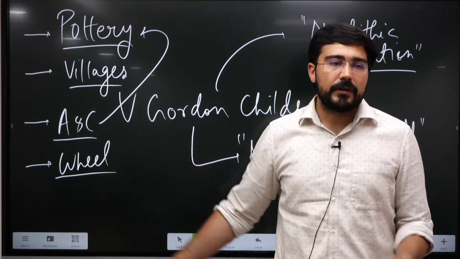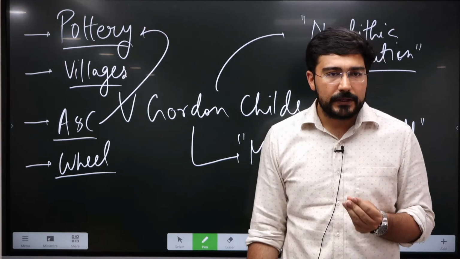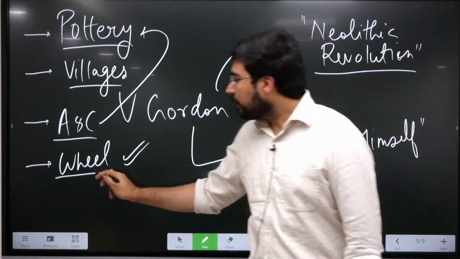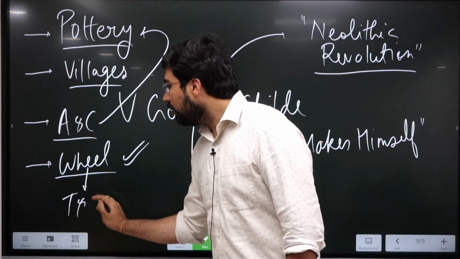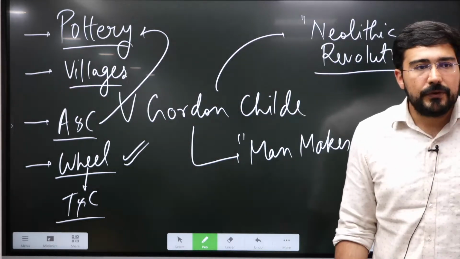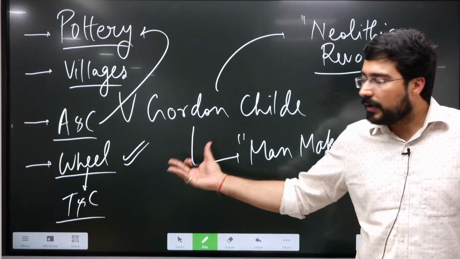So the wheel is a very revolutionary invention, which we can see. So there we see the invention of the wheel also, which further widened trade and commerce. Now people go from one place to another because they have the wheel, and they can easily make a cart. So the wheel became very important.